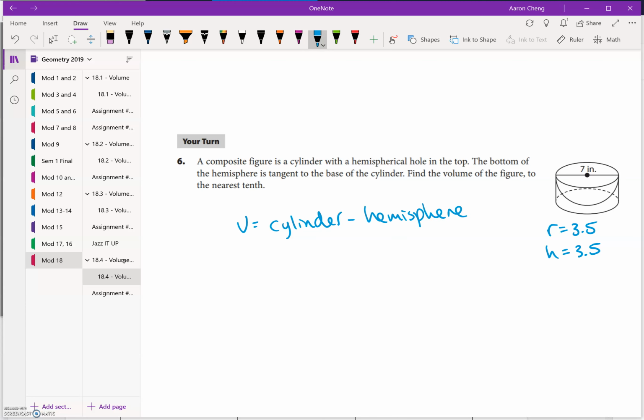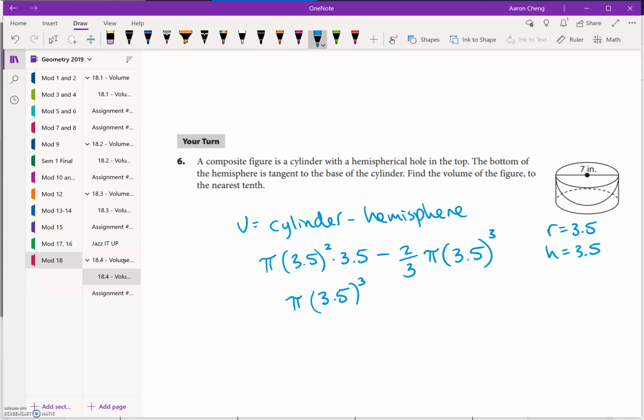The volume of a cylinder is pi r squared times height. r is 3.5 squared times height, which is 3.5. And we're going to subtract our hemisphere, which is 2/3 pi r cubed. And notice that 3.5 squared times 3.5 is the same thing as 3.5 cubed.